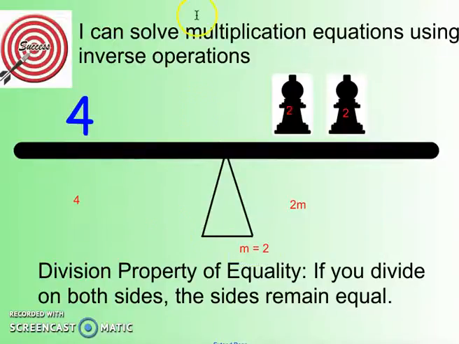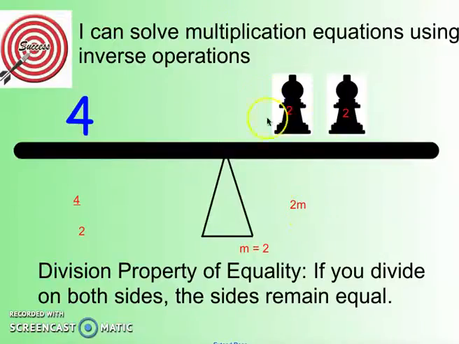Another way that we could figure this out is if I take the 4, and since there's 2 pawns, I can take 4 divided by 2, and that would give me my answer of 2. This is basically the division property of equality.